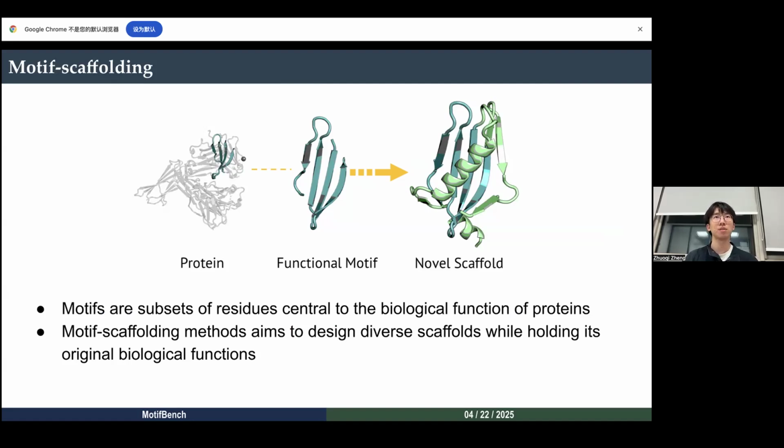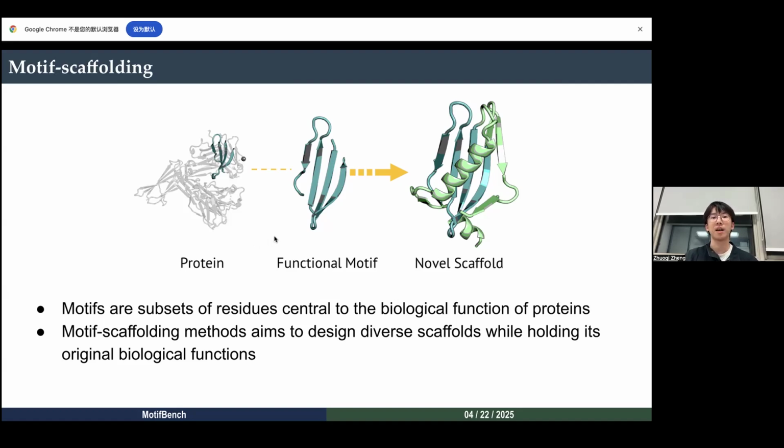Motifs can span a wide range of scenarios, such as enzyme active sites, where the spatial arrangement and orientation of the side chain conformations of specific residues play key roles in the enzyme's catalytic function. In other cases, there are surface fingerprints for protein-protein interactions, and binding hotspot residues for binders.